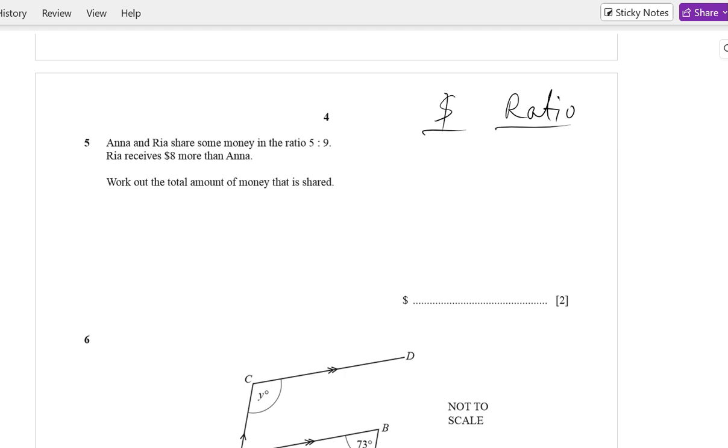So Anna has, whenever there is a comparison, we should denote X for the thing that we are referencing. So they are referring to Anna. So your Anna should be X, and consequently your Ria would be X plus 8.